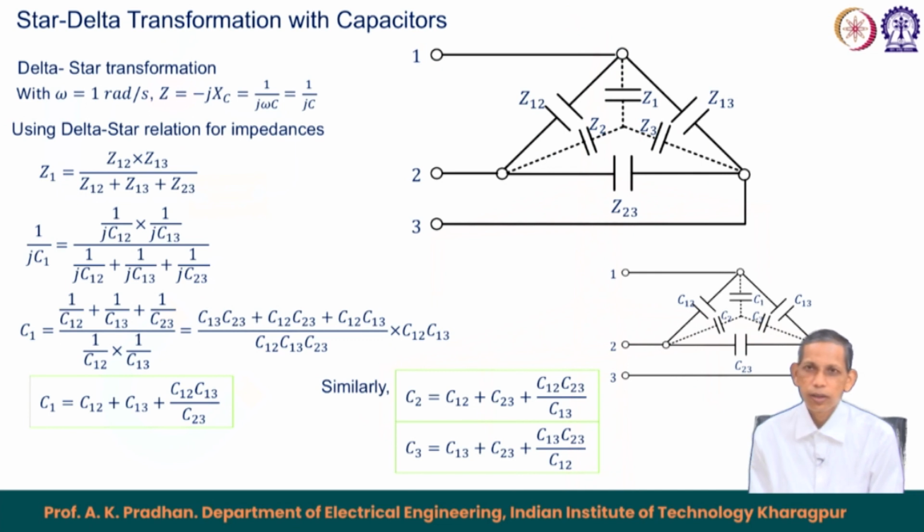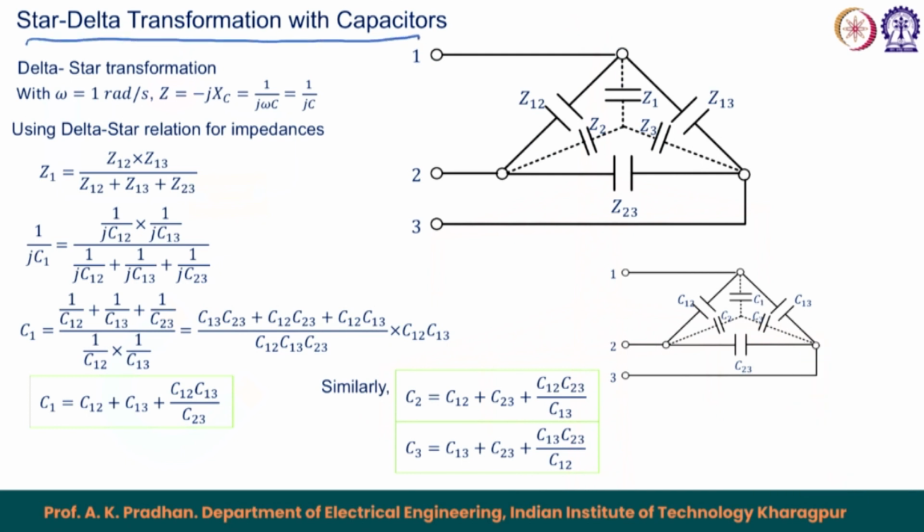Now, we will see what happens to the star-delta and delta-star transformation for the capacitor combinations. Let us say first in the case of delta to star transformation.